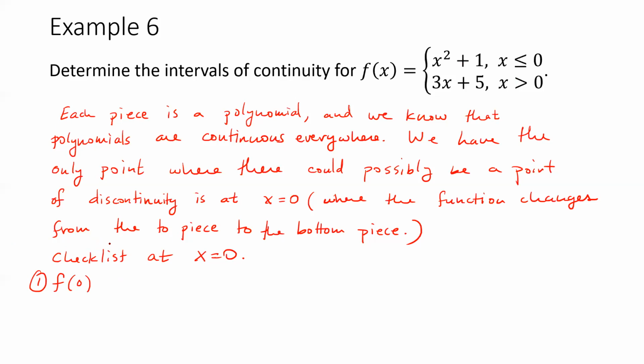What's f of 0 in this case? 1. Good. In other words, you plug 0 into the top piece, right? Because when x is equal to 0, we're going to plug it into the top piece. So we get a value there. The next thing to think about: what do we get when we try and take the limit as x approaches 0?